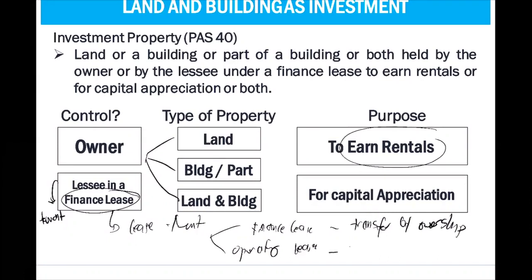While in operating lease, there is no transfer of ownership. So in case, guys, you are the owner, you have a land, you have a building, or a part of the building, or a land and building, to earn rentals, this earn rentals must be an operating lease.